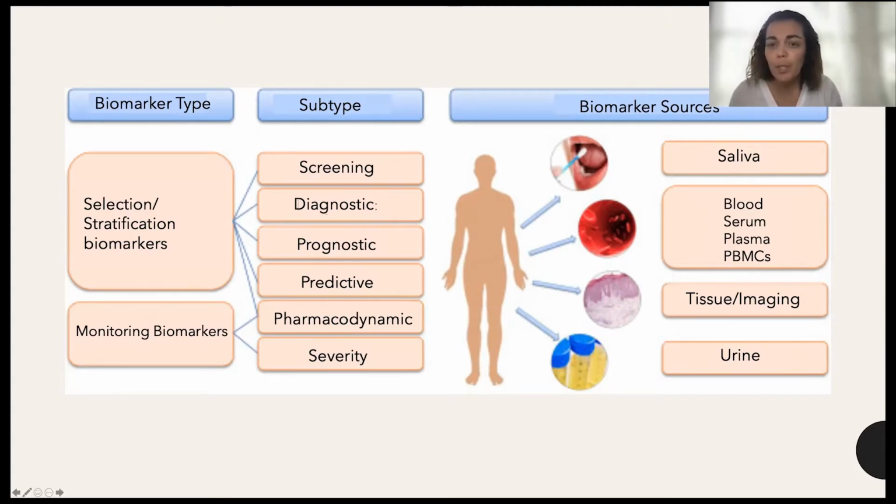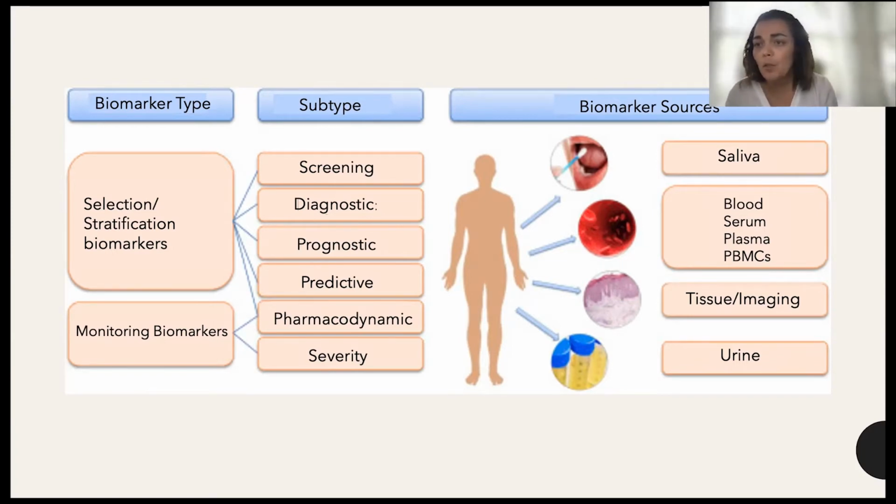Molecular biomarkers in particular refer to biomarkers that have biophysical properties that allow their measurement in biological samples like plasma, serum, CSF. And they include often not just protein measurements, but also include nucleic acid-based biomarkers, such as using gene mutations and polymorphisms and gene expression analysis.